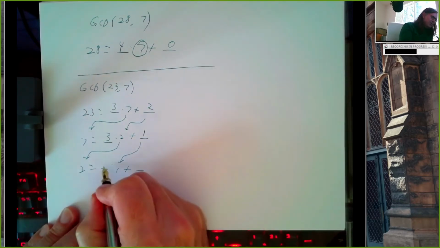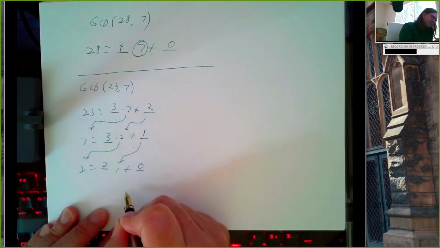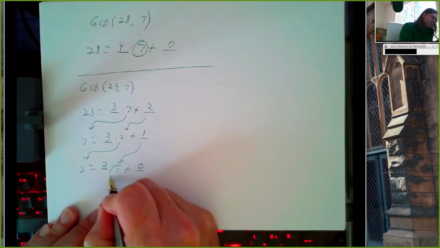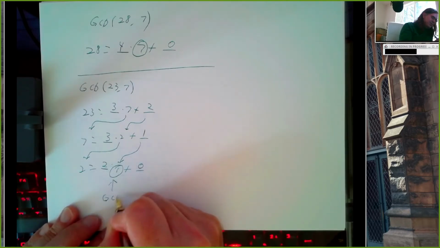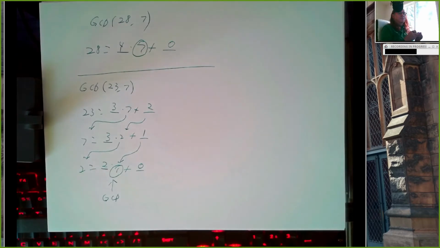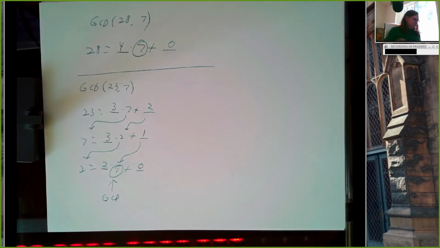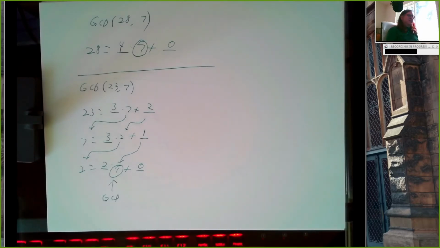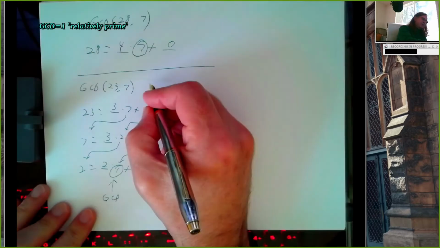Well, 1 goes into 2 twice and you have nothing left over. Once you get to that nothing left over, there's your GCD. So when you have 2 numbers and the greatest common divisor is 1, we call those relatively prime.